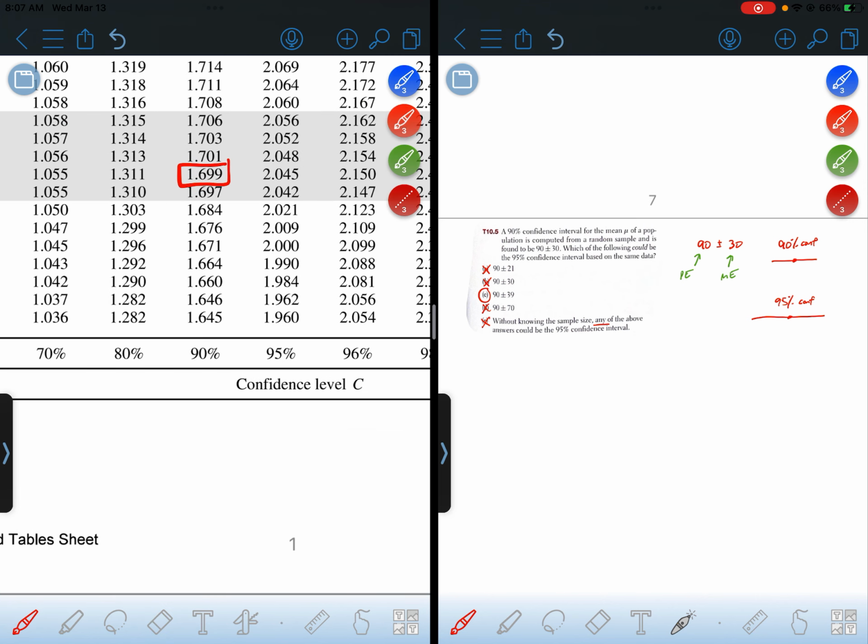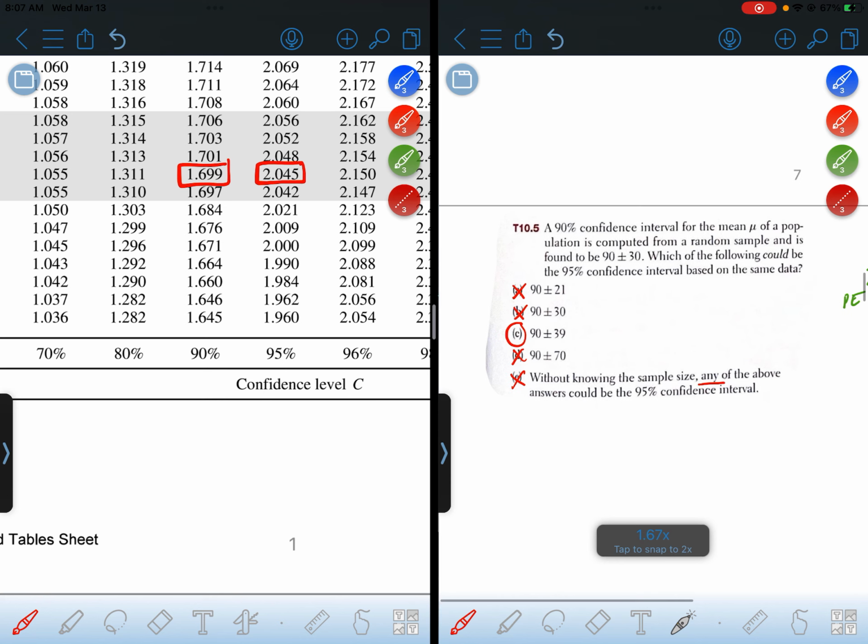The 90% confidence critical value is 1.699, and the 95% critical value is 2.045. Okay, the critical value is not doubling in size, so I don't think the margin of error would double in size here. All right, so I'm happy with my choice, C. I'm gonna lock that in.